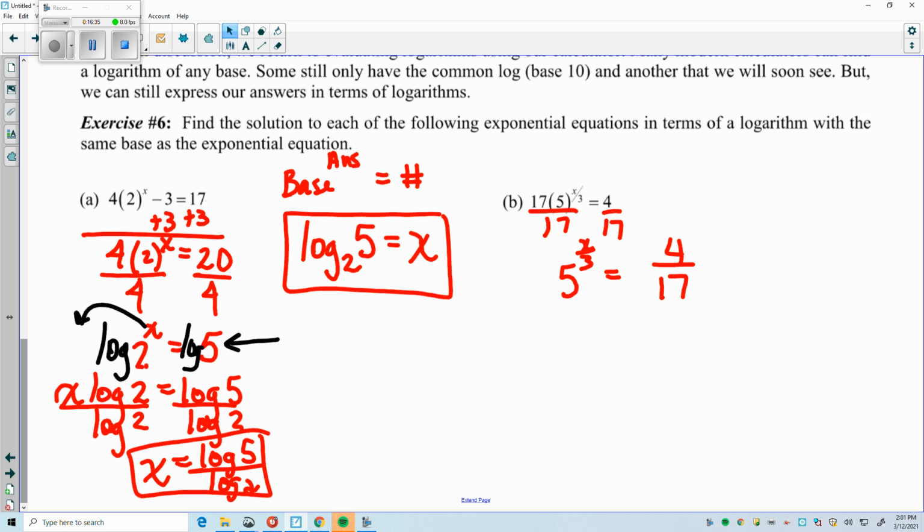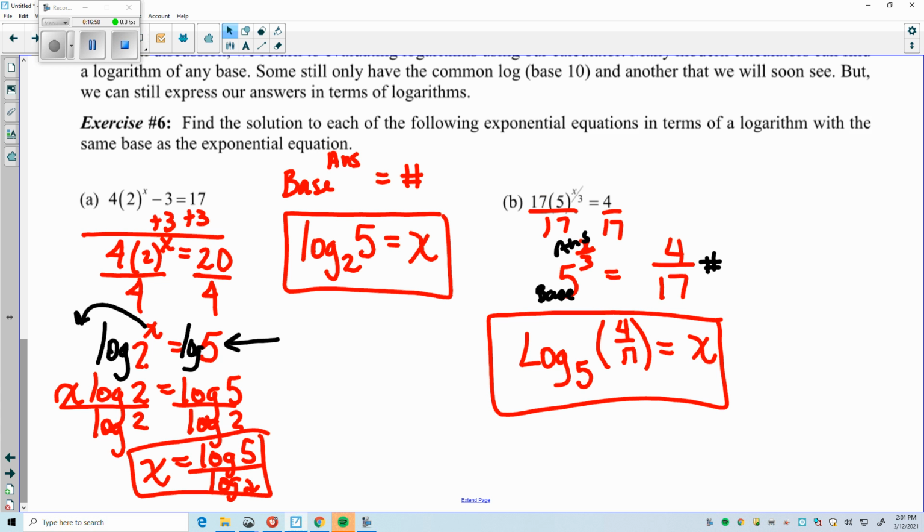So we're going to think to ourselves, this is the base raised to the answer, and this guy's the number. Okay, so we have log base 5 of our number equals our answer. And so we have solved by writing it as a log function.